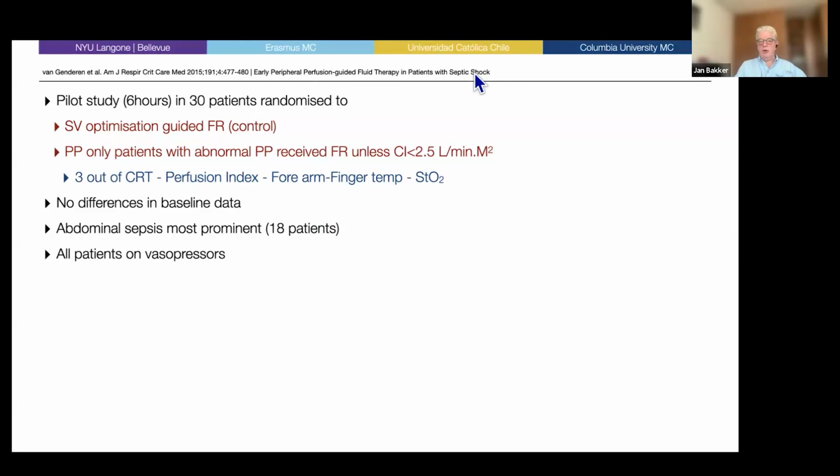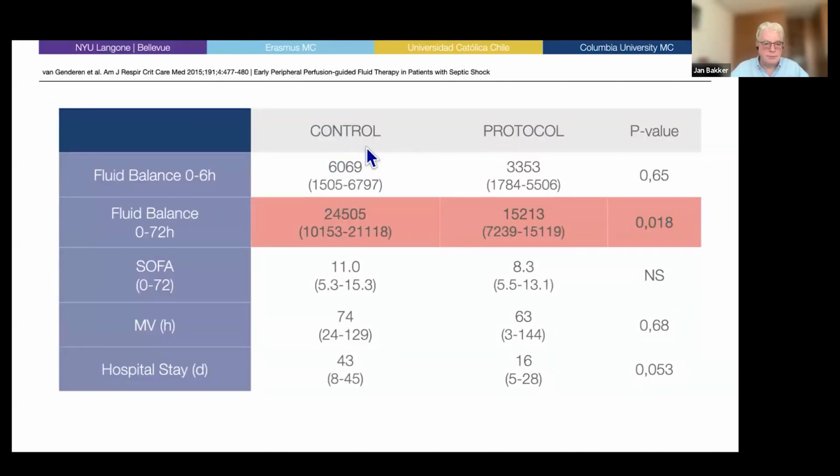And so if the peripheral perfusion indicators, capillary refill time, perfusion index, the near infrared, and the delta temperature, if 3 out of these were abnormal, we said then you have clearly abnormal peripheral perfusion, no discussion. It's somewhat biased and very unbiased measurements of skin perfusion. If these were normal, we didn't do anything. And if these were abnormal, we gave fluids following the Surviving Sepsis Campaign or whatever was needed to improve macrohemodynamics.